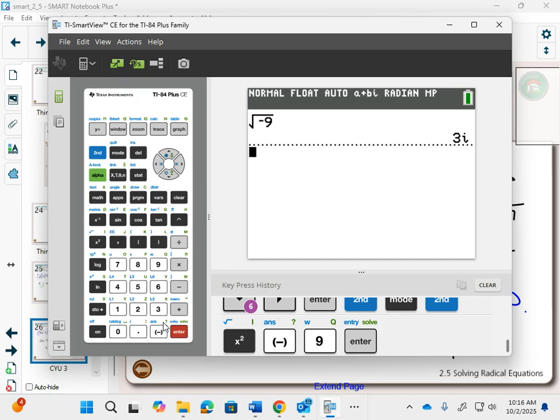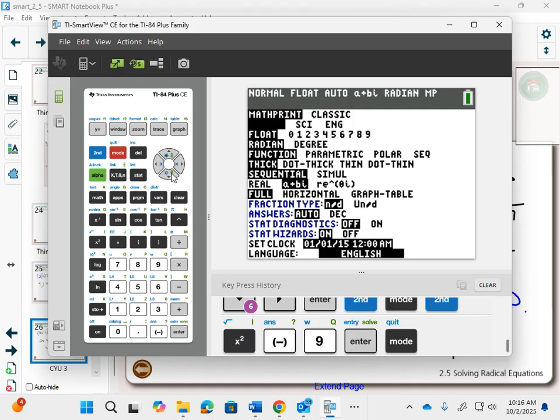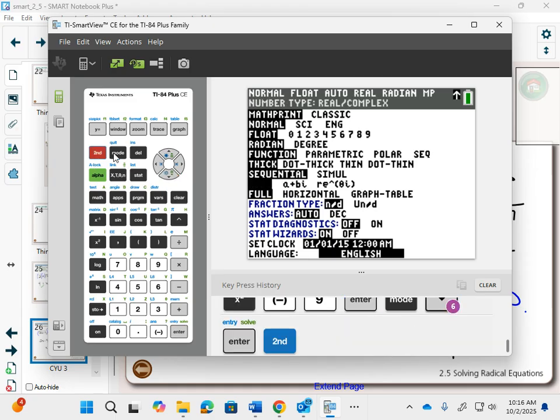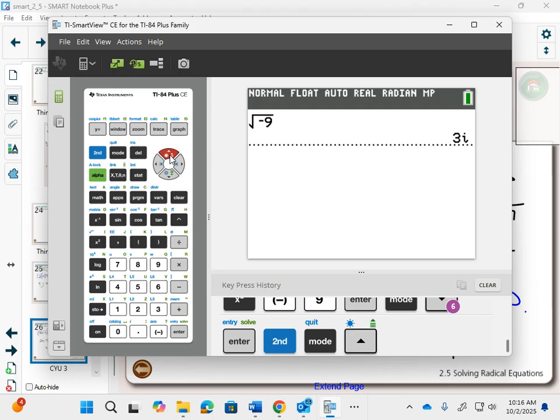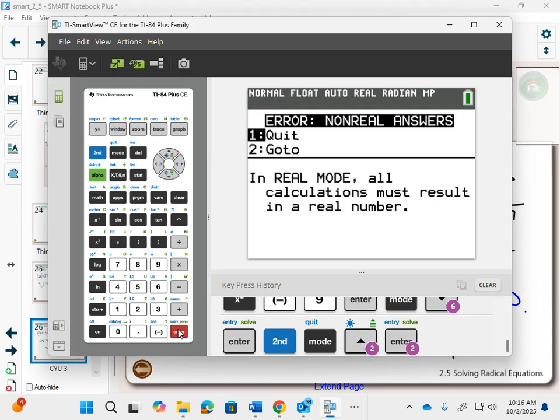Okay? But we don't have to do imaginary number math. So I'm going to take my calculator and put it back to real numbers. So everything is okay. We do this, we get an error. We're happy again.